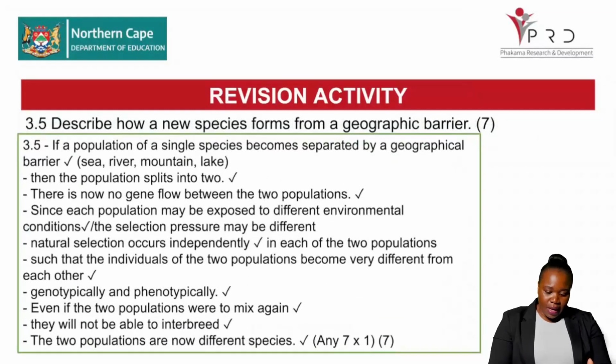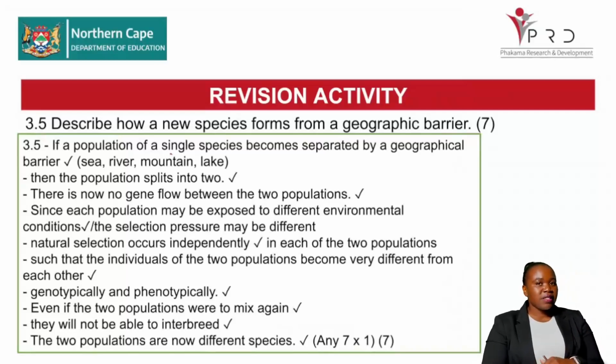Okay, and then our last question is describe how a new species forms from a geographical area. Right, remember I said you must be able to explain from the barrier until the fact that they are genotypically and phenotypically different from each other.